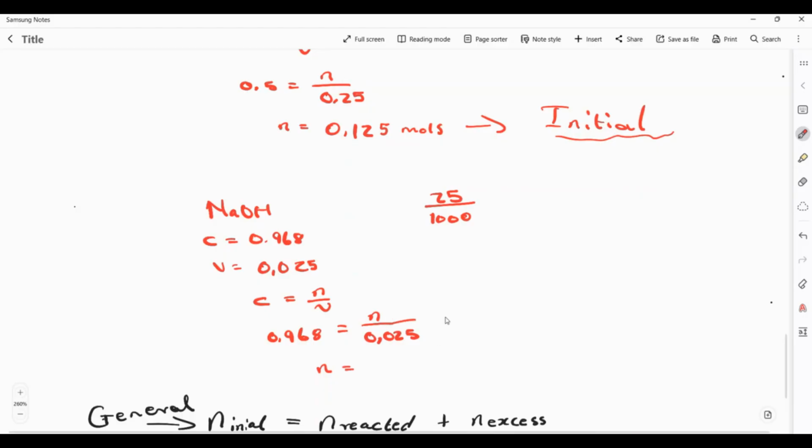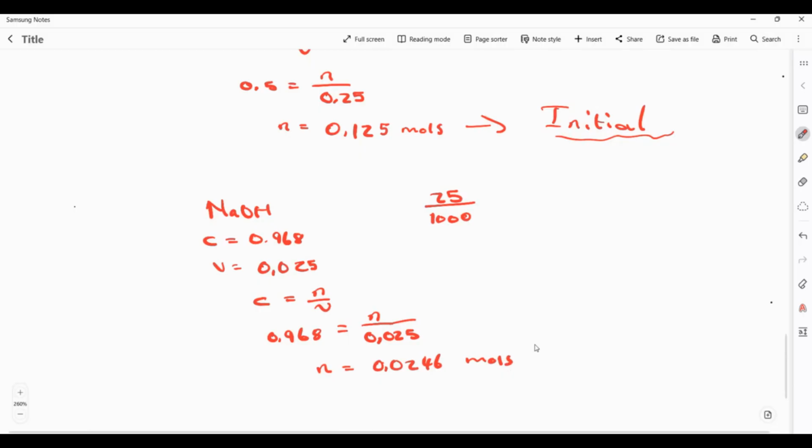What is the number of moles? 0.0242 moles. Now, this is for the base.